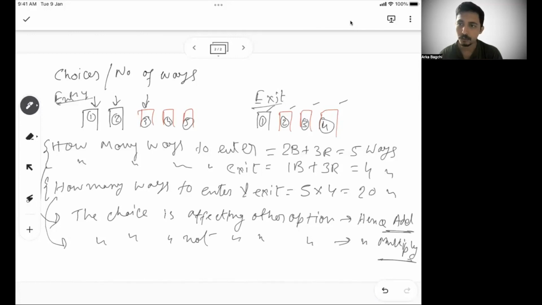For each option you choose, you have all the same options to choose on the other side of the problem. If you are entering through 1, you have all 4 options available to exit. If you're entering through 2, you have all 4 options to exit similarly. So that's why we multiply. For each entering option, you have 4 exit options, and that is not impacted by the option that you choose to enter. So this is the fundamental part.